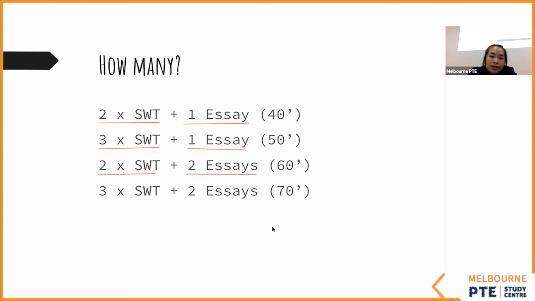But again, as I mentioned, it depends on how lucky you are in your exam. Sometimes you have bad luck. What does bad luck mean? 3 summarize written text and 2 essays. So 90% you get 1 essay. That's what I mean. But again, who knows whether you drop in the 10% that have 2 essays?